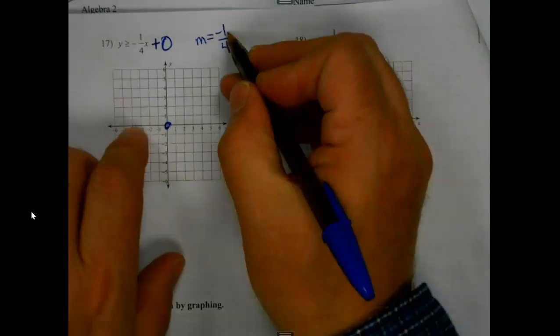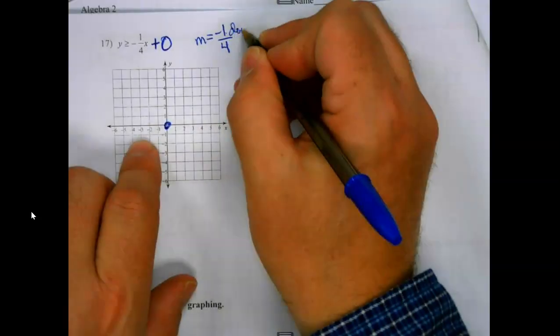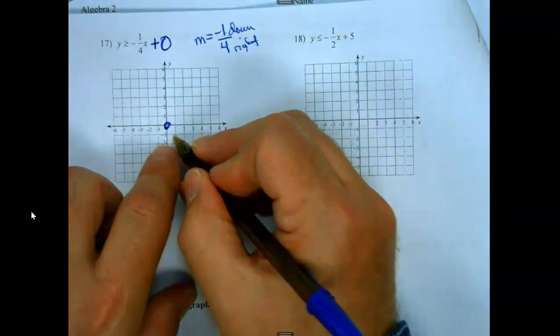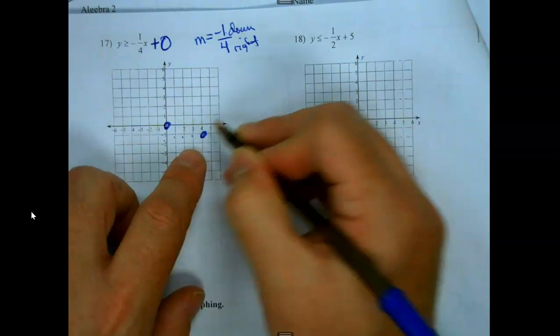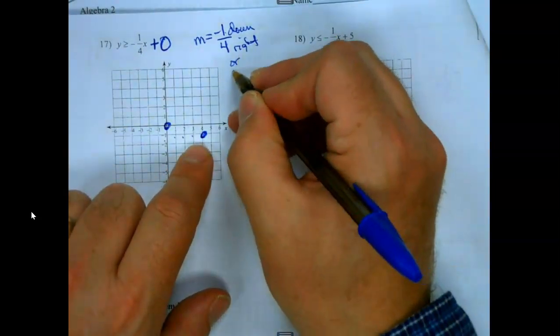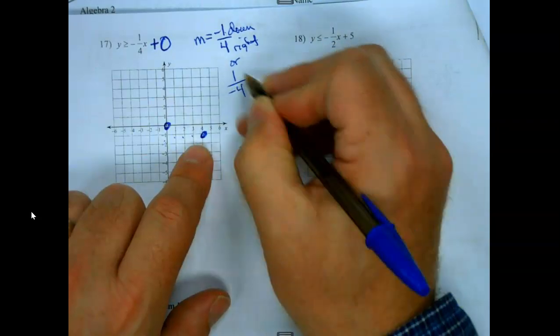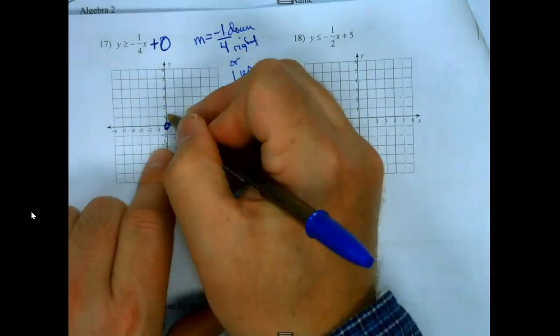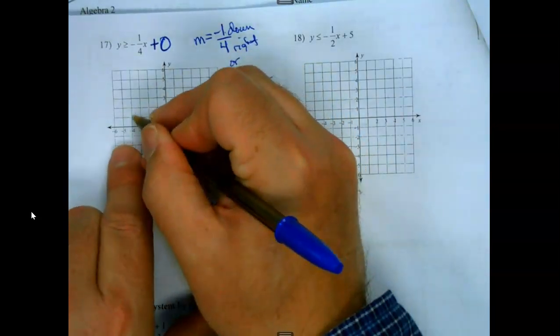So I could go 1 down and 4 right. Put a dot, and of course we're out of room. Or I could switch the negative and go 1 up and 4 left.